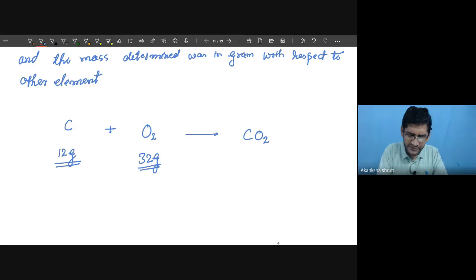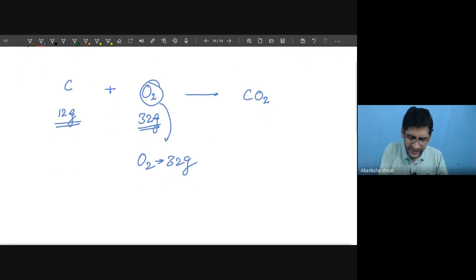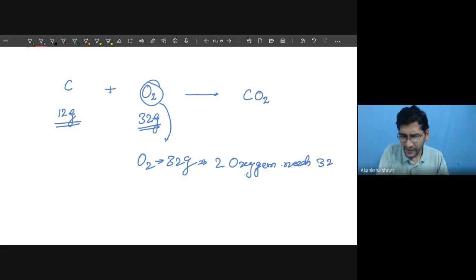But oxygen was found to be in molecular form. So if we consider this in atomic form, it means O2 needs 32 gram, that is 2 oxygen atoms need 32 gram. So one oxygen atom will need how much?